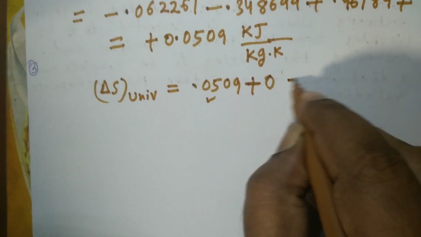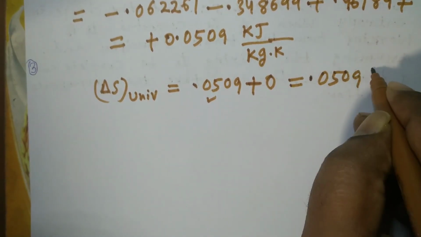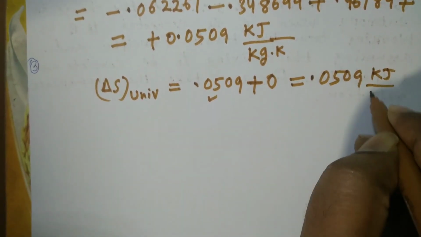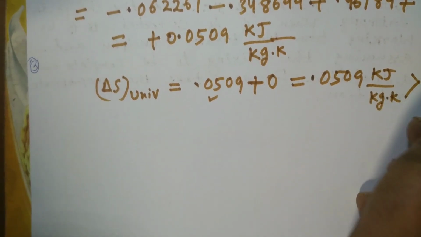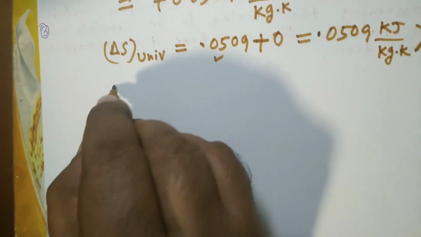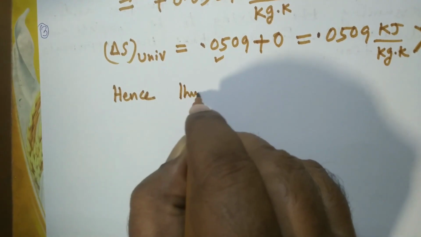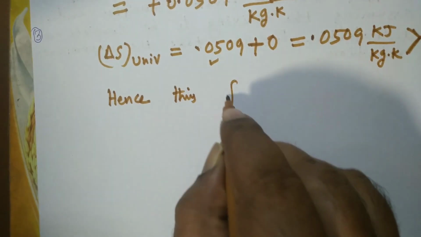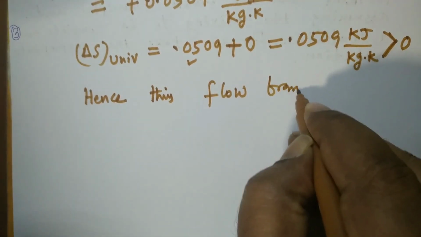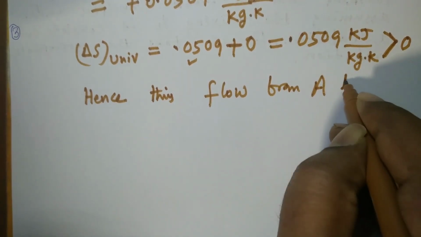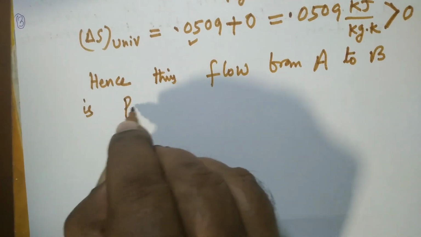So this is 0.0509 kilojoule per kg Kelvin, which is greater than 0. Hence this process is feasible. This flow from A to B is possible.